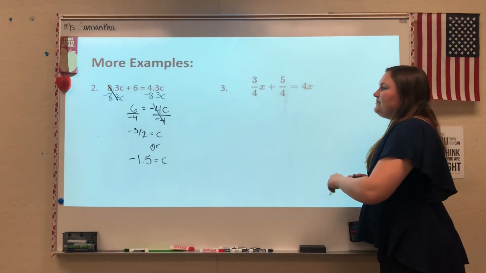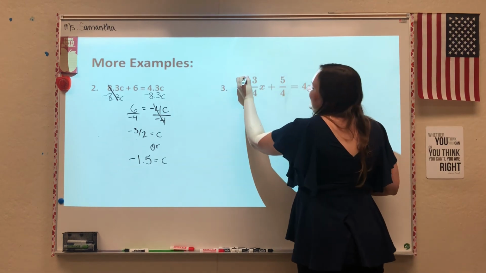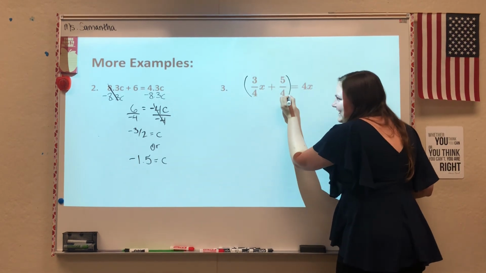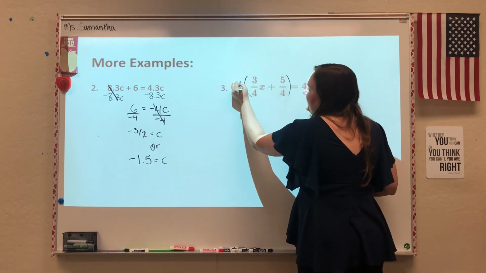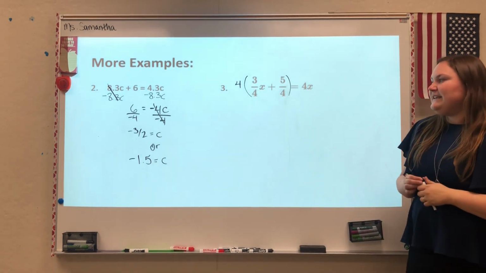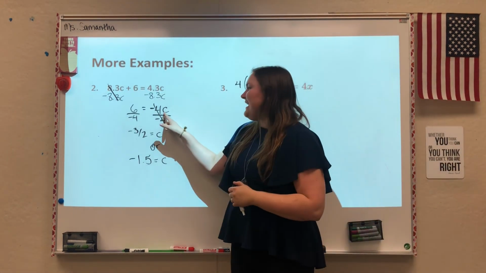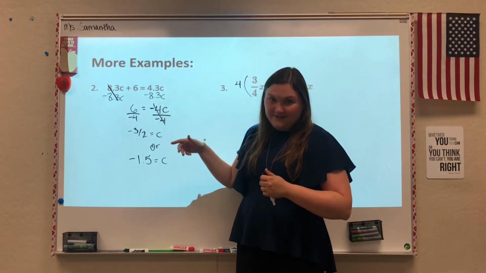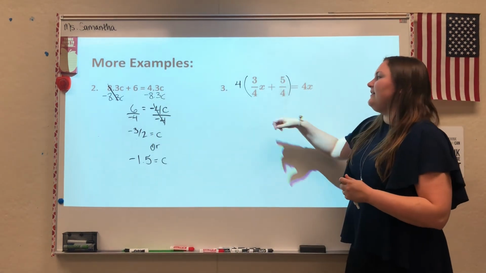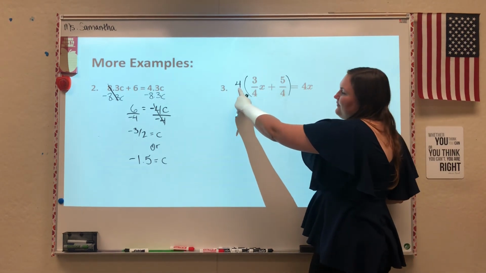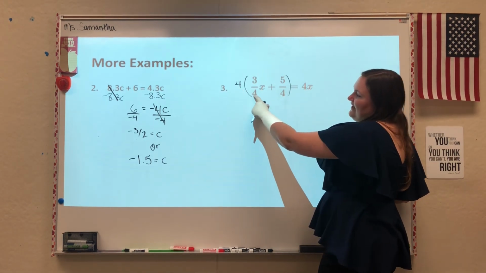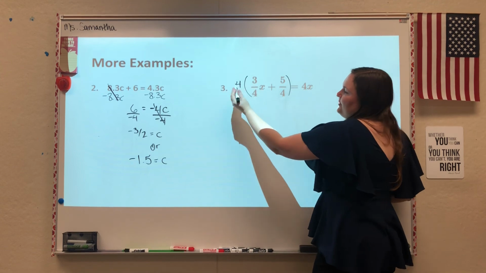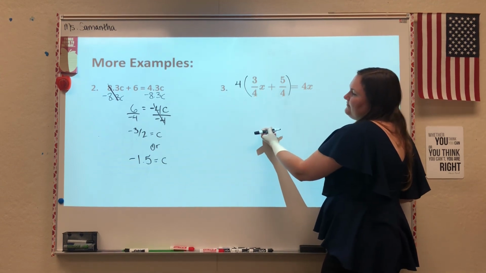So what we could do to get rid of these fractions is I could multiply this side of my equation by 4. Now just like over here, this said multiply by -4, divide by -4, and those cancel out. The same thing's going to happen here. If I've got this 4 that I'm multiplying and this 4 that I'm dividing, those 4's cancel out.